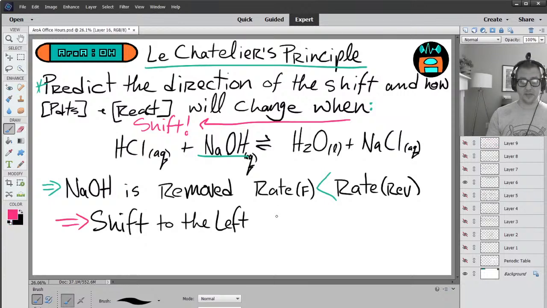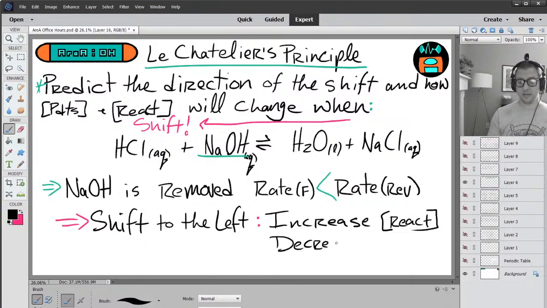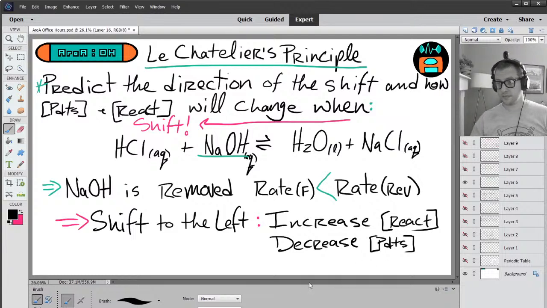And a shift to the left means that there will be an increase in the concentration of reactants and a decrease in the concentration of products. All right.